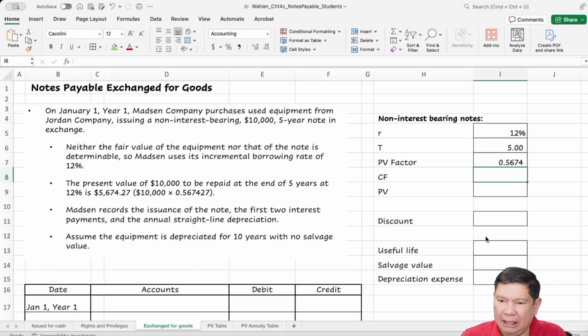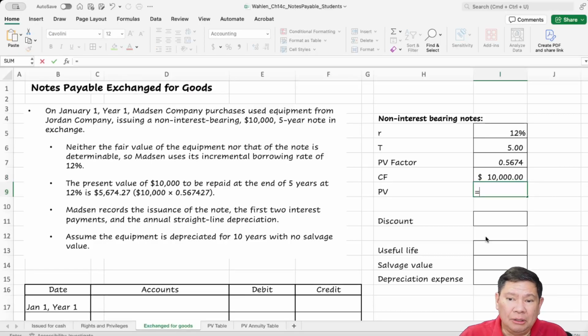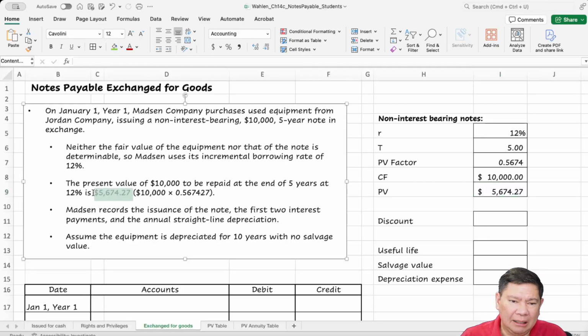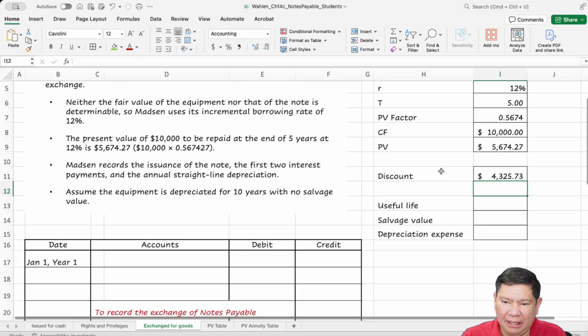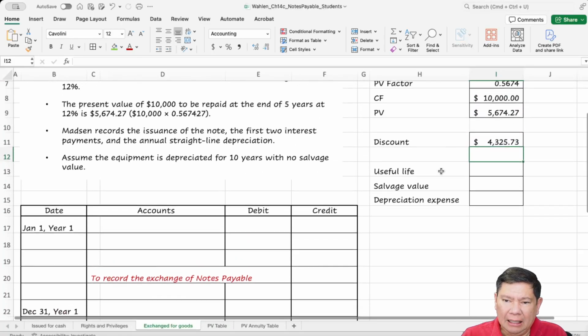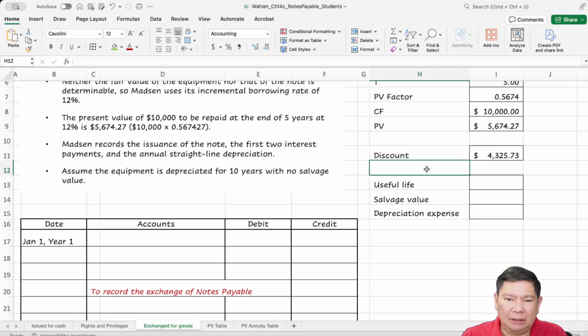So if we have to pay 10,000 of notes payable, that means the present value is 5674.27, just like what is provided for us. So we know that the discount is going to be 4,325.73.